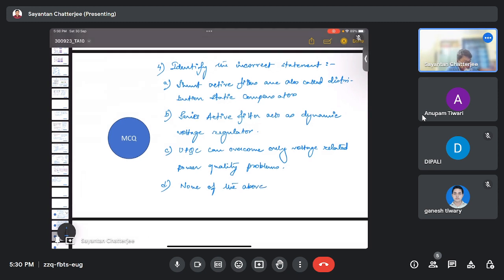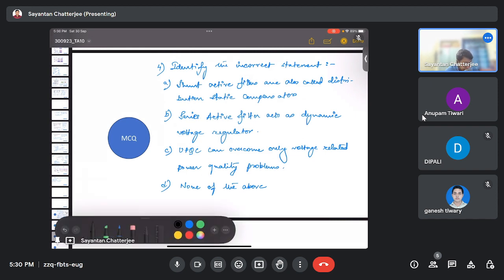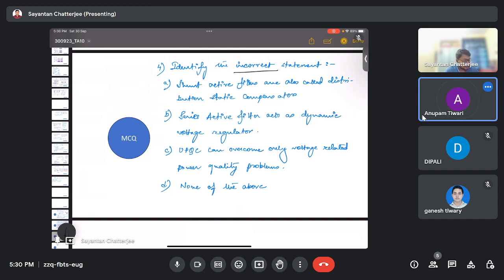So identify the incorrect statement. You need to identify the incorrect one. Okay, C is the incorrect one. Inductive filters, orthogonal distribution static compensators, voltage regulators work only on voltage-related problems. Yes, that is the correct answer.